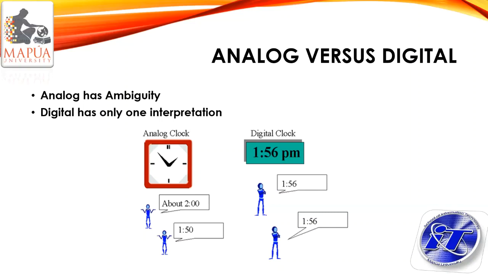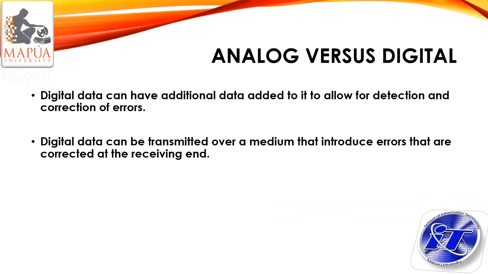Okay, and one advantage of digital versus analog is we could easily implement error detection and error correction algorithms. And also, we could send digital signal in a bad medium, which has lots of noise that could interfere with our signal, with our data.